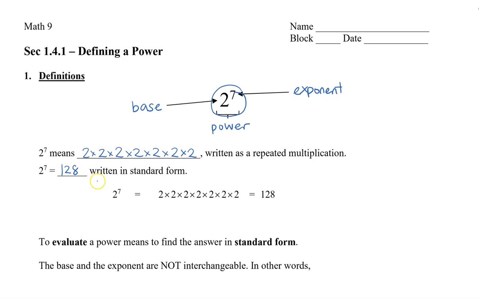So we would say that this is written in standard form. So 2 with a little 7 raised, so 2 to the power of 7, this is called exponential form. When we write all of these 2's multiplied together, this is called repeated multiplication.